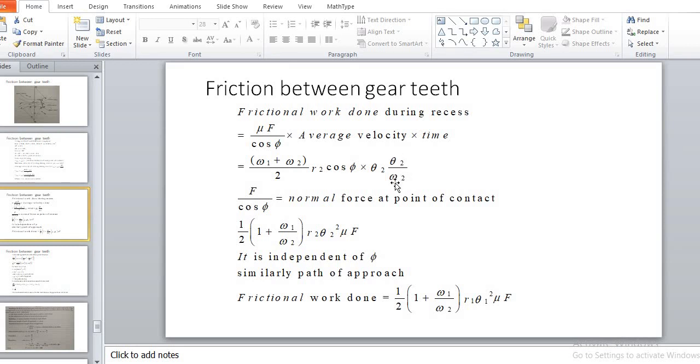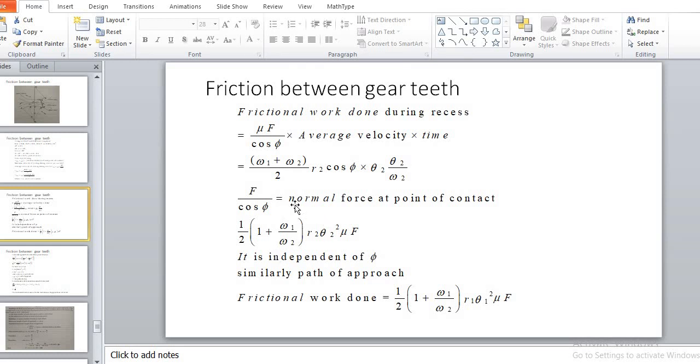So the radian gets cancelled, and the second in the denominator comes to the numerator, which gives a time value. So theta 2 divided by omega 2 is a time value. The average velocity term we consider from the previous one, and with this we move further.